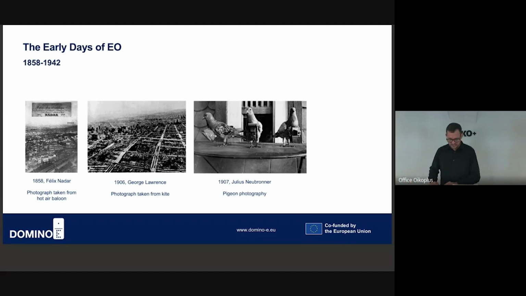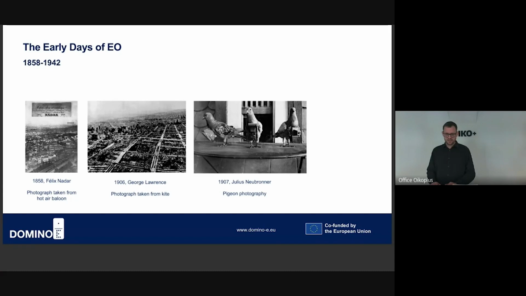kind of an interesting idea put forward by Julius Neubronner was to actually attach cameras to pigeons. He strapped the cameras to these pigeons together with timers and released them to the skies. The birds then flew autonomously over difficult terrain, and then returned later with the images that were taken in the time in between.